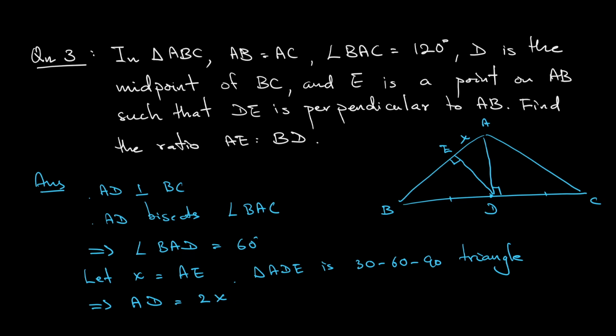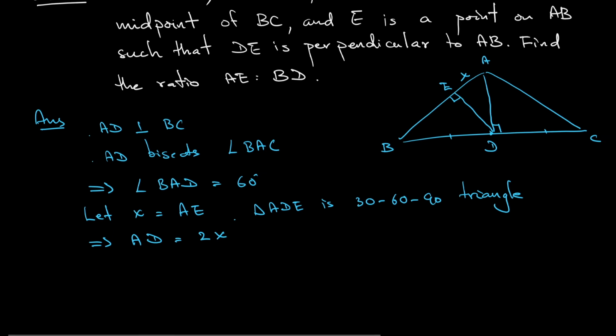Okay, so remember, at the end of the day, we want to find the ratio of AE to BD. AE is already x, so we're trying to find BD in terms of x. Okay, so notice that triangle ABD, it is a right triangle with angle at A is 60 degrees. Okay, right?